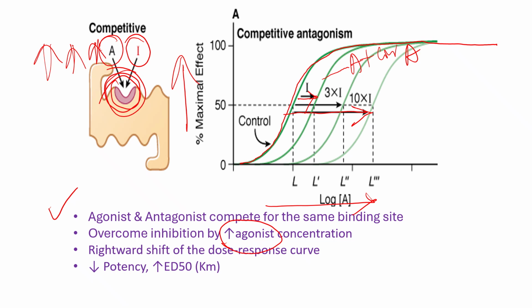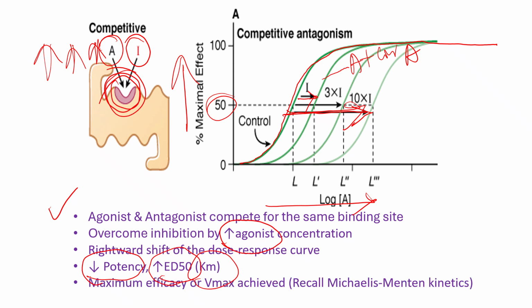And what is changing? The potency is decreasing, because you are increasing the concentration to produce this 50% response, correct? How do you know the potency is decreasing? Because more dose is required. So ED50 or Km is increasing, right? This is the EC50 or ED50 we are looking for.